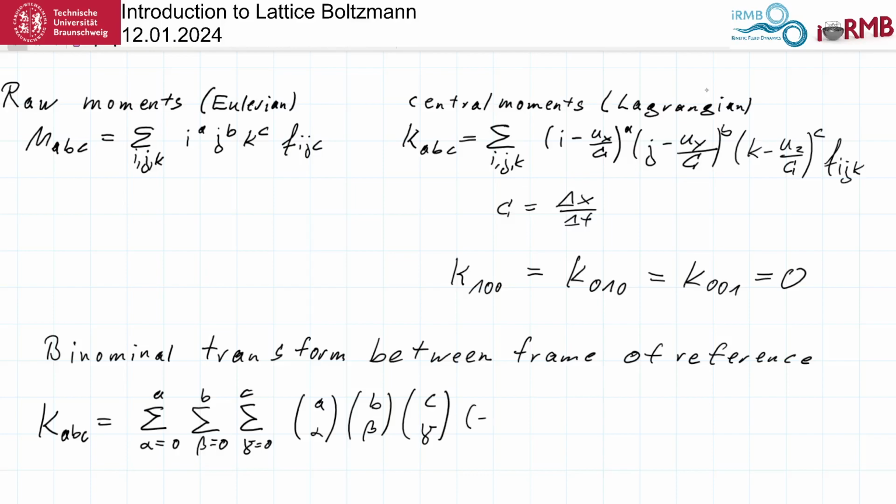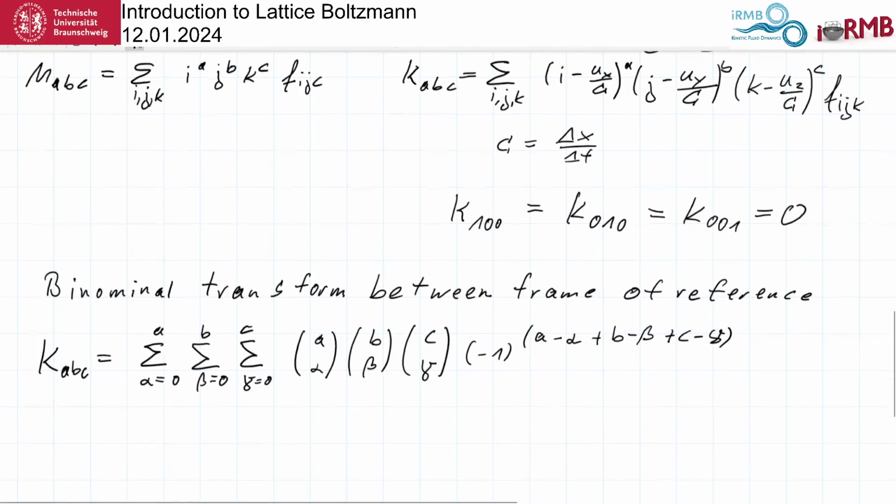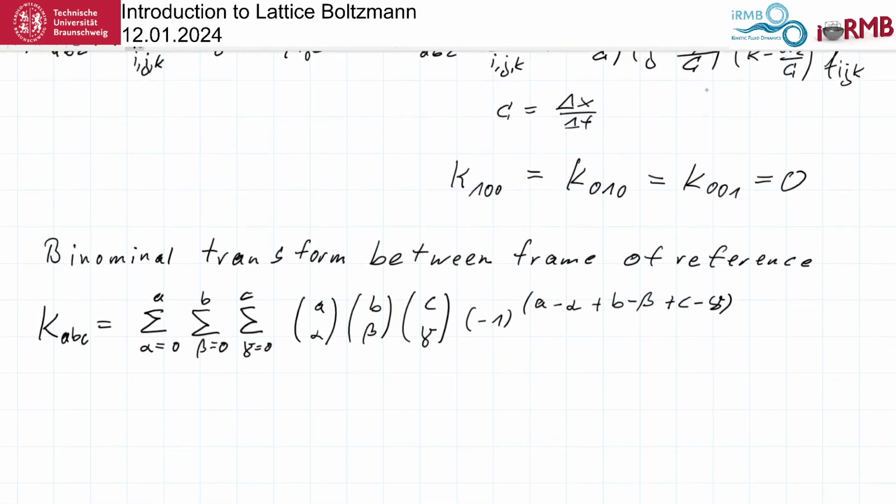And this goes into -1 to the power of A minus alpha plus B minus beta plus C minus gamma. Unfortunately, this equation is too long to fit into one line, so I have to multiply all of this in the next line.